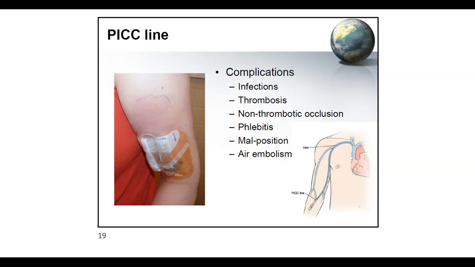Sometimes it can be occluded, not because of a clot, but for something else, maybe medication use. And phlebitis, or inflammation of the vessel. Sometimes it can migrate to a different place, so malpositioning. And be very careful, because if you see where the location is, it's really in the heart, so in the central vessel.